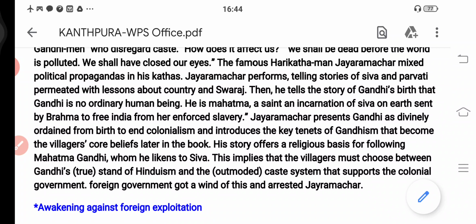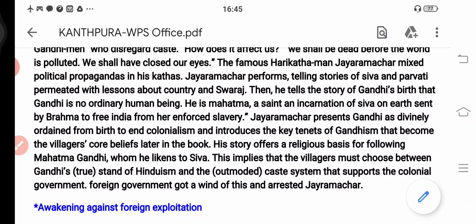This implies that the villagers must choose between Gandhi's true stand of Hinduism and the outmoded caste system that supports the colonial government. The foreign government got wind of this and arrested Jai Ramachar, and finally this propagandist, who went from village to village telling stories of gods and goddesses, is arrested by the Britishers.